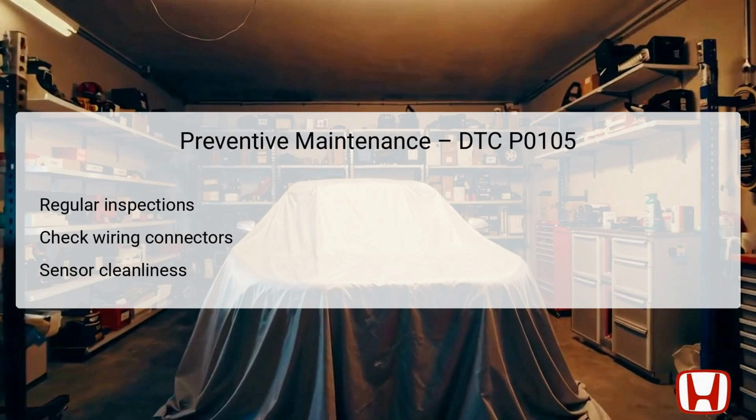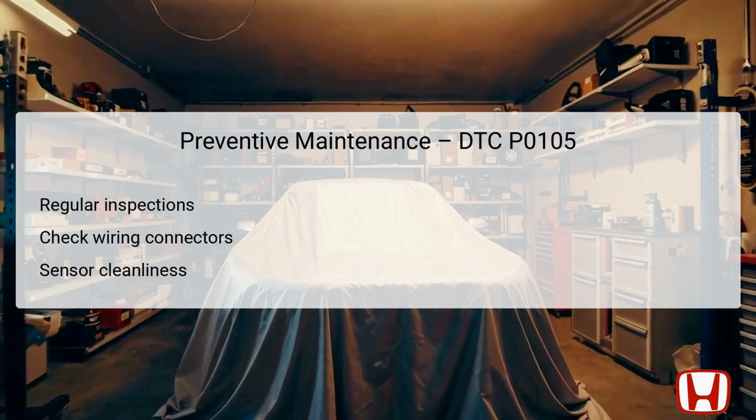Preventive maintenance is crucial for avoiding issues like DTC P0105 from arising in the future. Regular inspections of the MAP sensor as part of routine vehicle maintenance can ensure that any potential problems are detected early before they lead to a DTC condition.